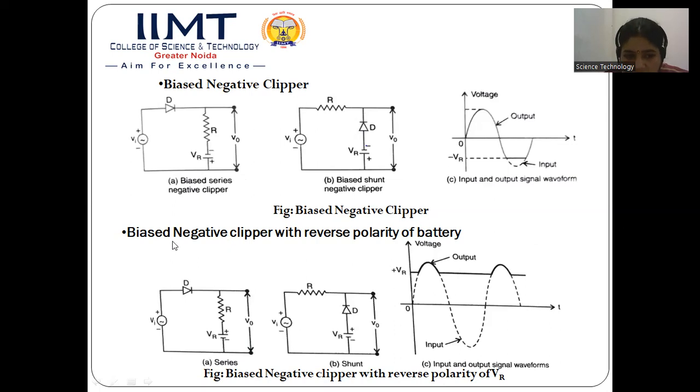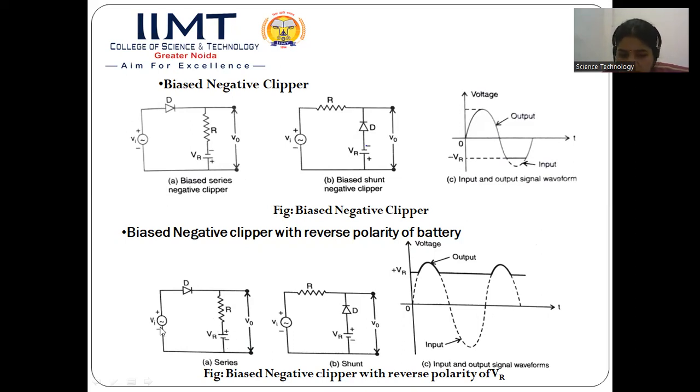And the same happens with the biased negative clipper. Now we are basically again reversing the polarity of this battery. We will see what will be the situation of the diode during the positive half cycle of the input waveform. This diode will be forward bias, and as per VR, this will be reverse bias.